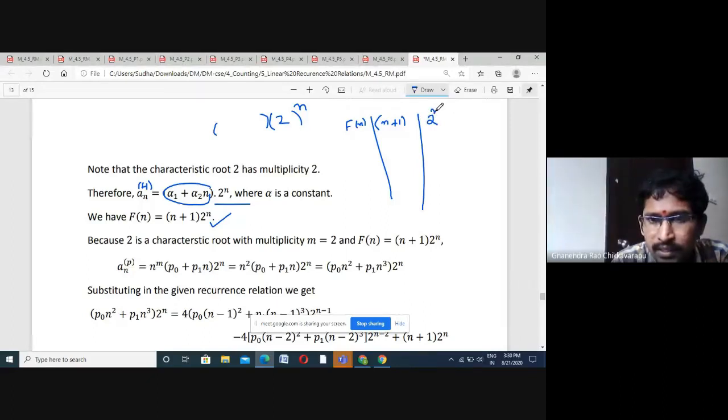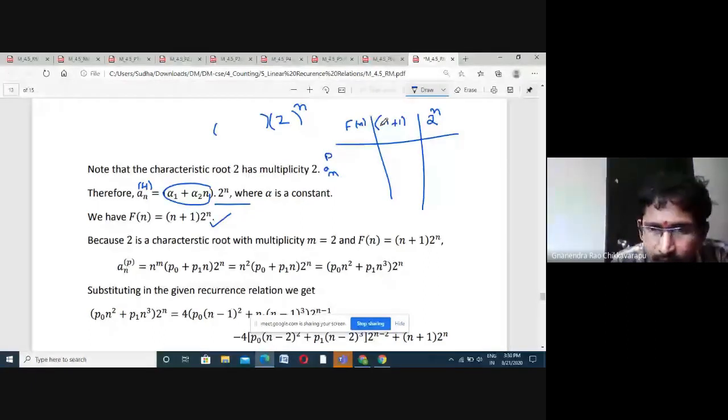Then anp, it should be: if f of n contains a polynomial of degree 1, you should take in anp its contribution, a polynomial of the same degree. That means say a plus bn or alpha, like that. No problem, you are free to write a plus bn.